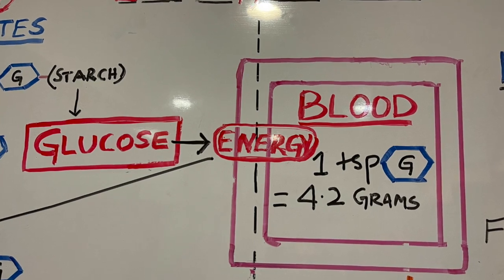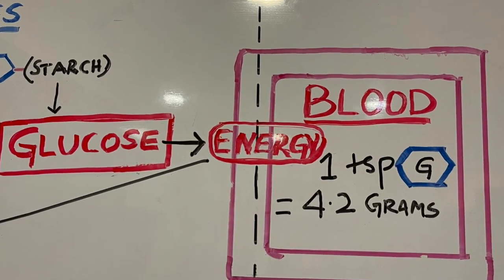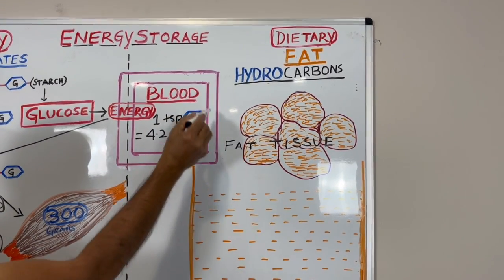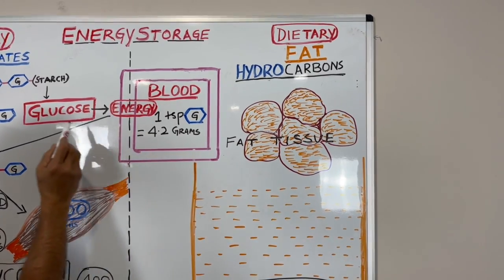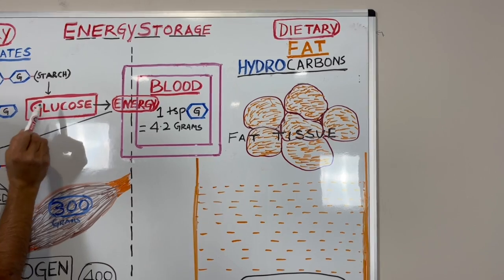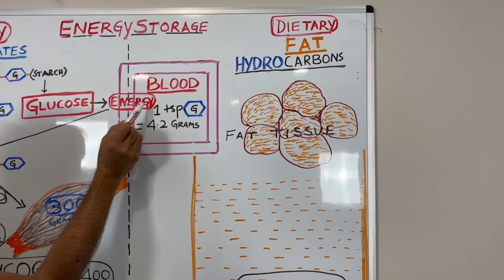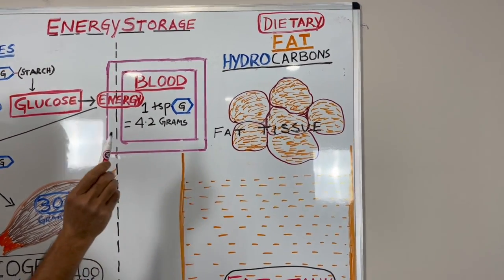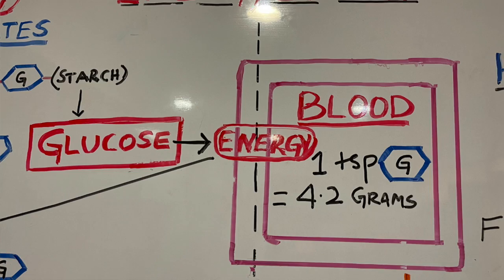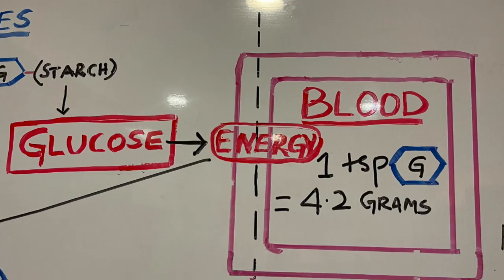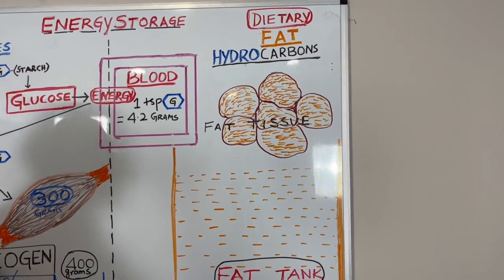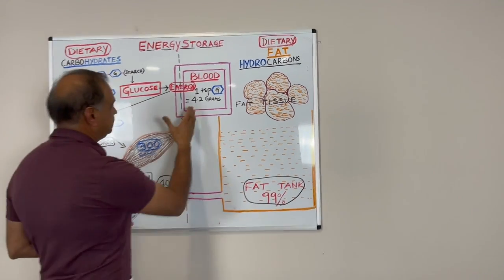I have depicted here the bloodstream with these tube-like things around, which are the blood vessels, so that you understand it better. The energy that is absorbed after digestion goes straight into the blood, and like I told you, the blood can only hold 1 teaspoon of glucose, which I represented here, about 4.2 grams. For all practical purposes, sometimes I say it's 5 grams.